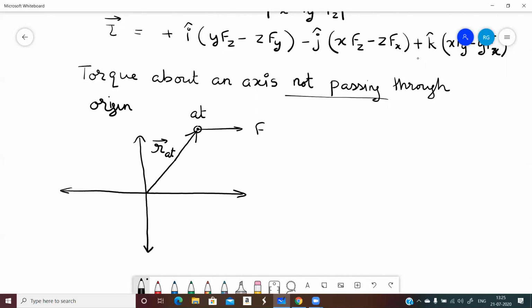The axis is not the origin. The axis is some other point. So they say find the torque about this point. So there is a point, suppose here, and they say we have to find the torque about this point.